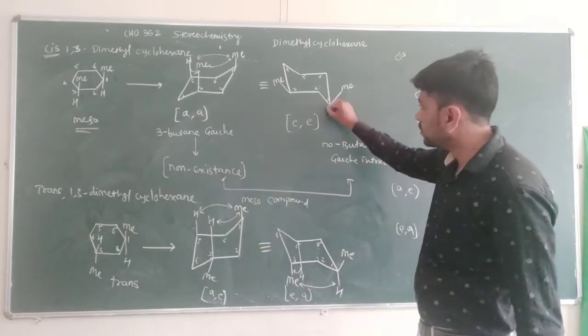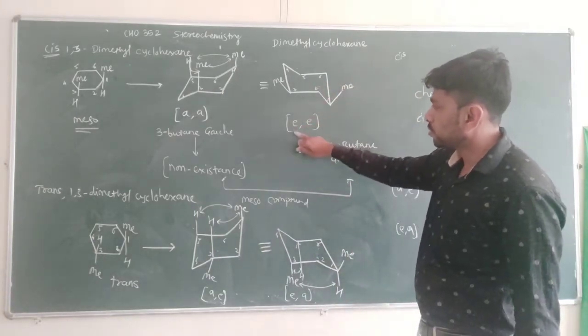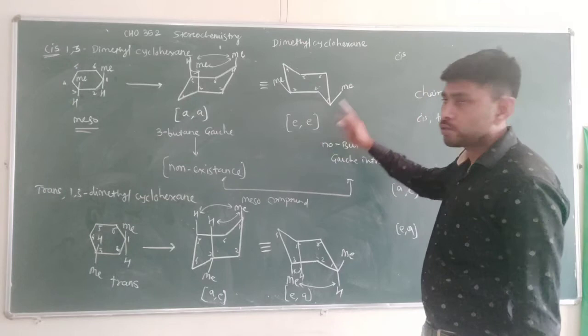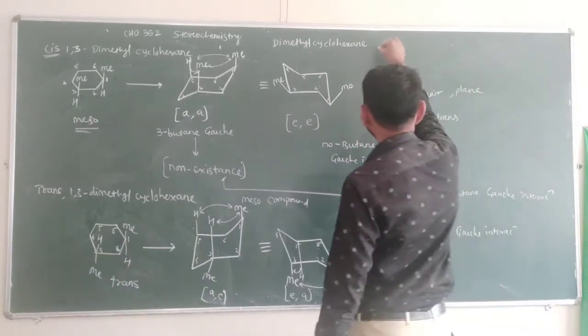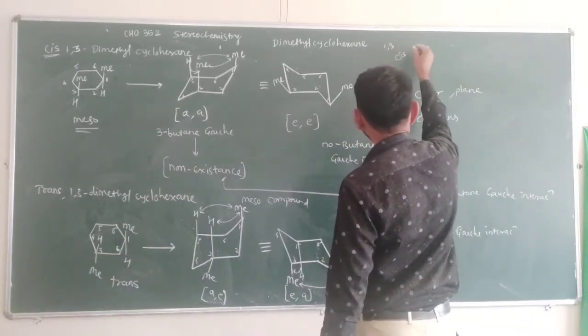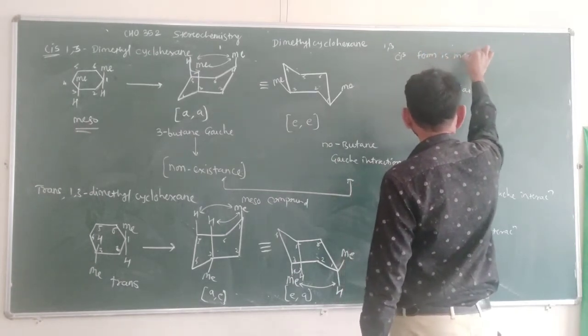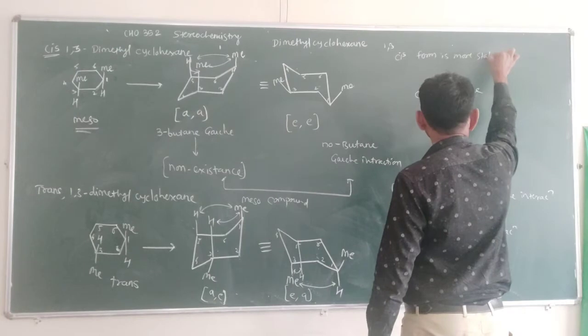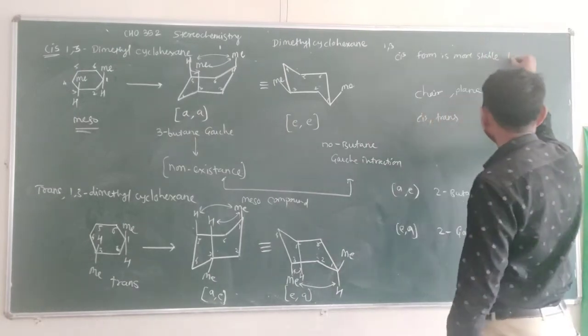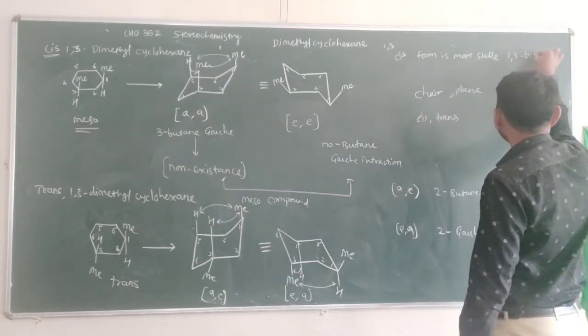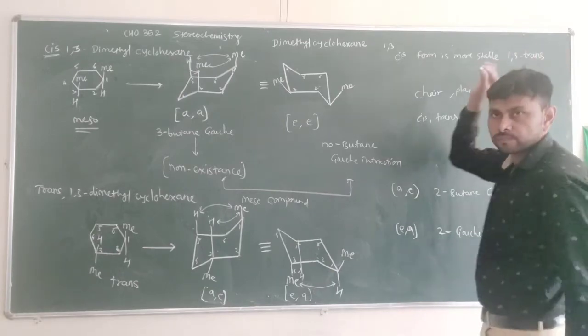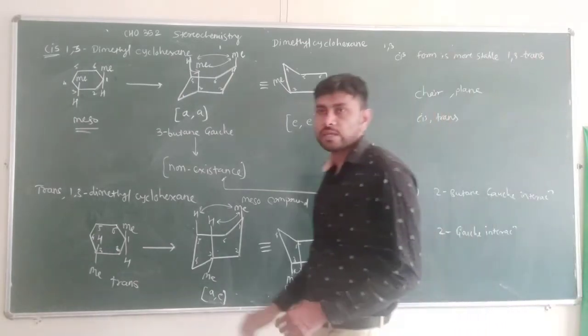But in this case both substituents are equatorial, so 1,3 cis form is more stable than 1,3 trans dimethyl cyclohexane.